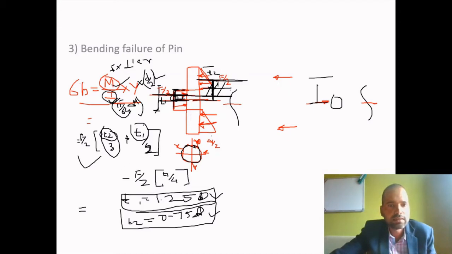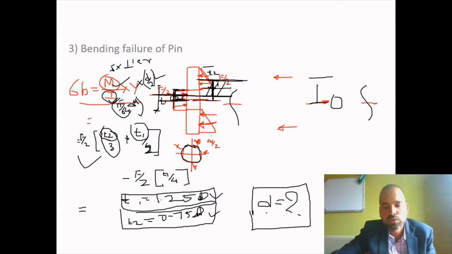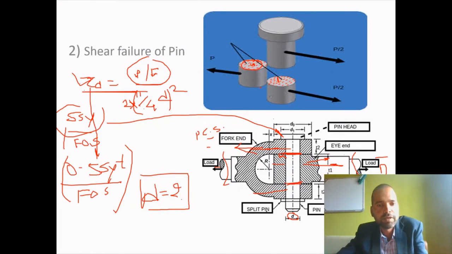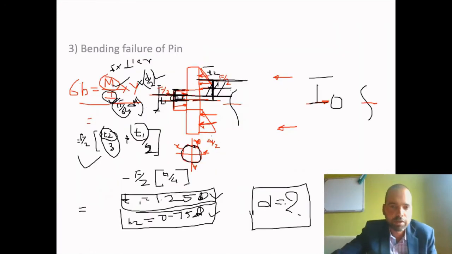By doing this analysis, we will again get the diameter of the pin from this bending stress analysis. So the diameter of the pin from shear failure and the diameter of the pin from bending failure, whichever has the maximum value, we select for the further design, right?